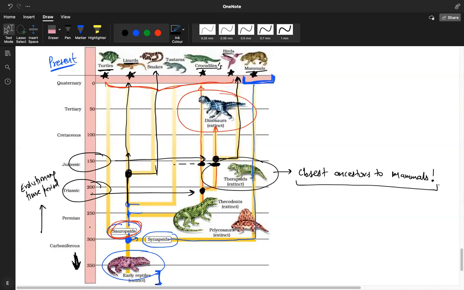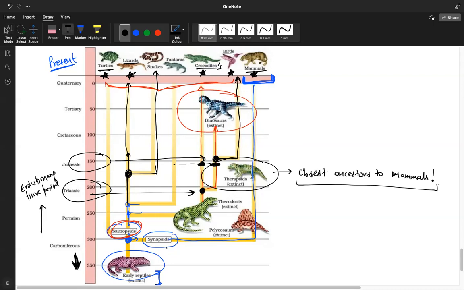Agnathostomes are jawless fish. AGNATHO, STOMES. It's there in class 11th, so please go and revise that part. So the first kind of jawless fish evolved around 350 million years ago.